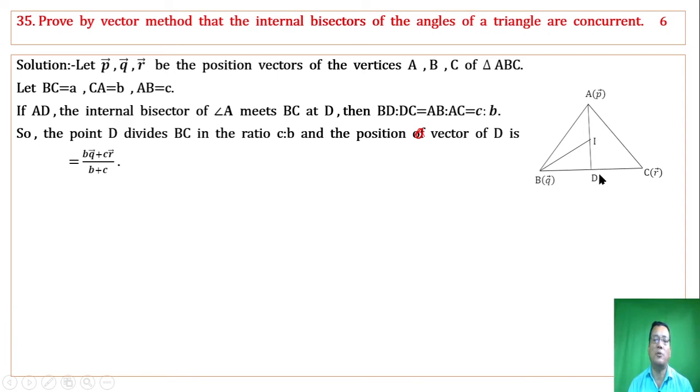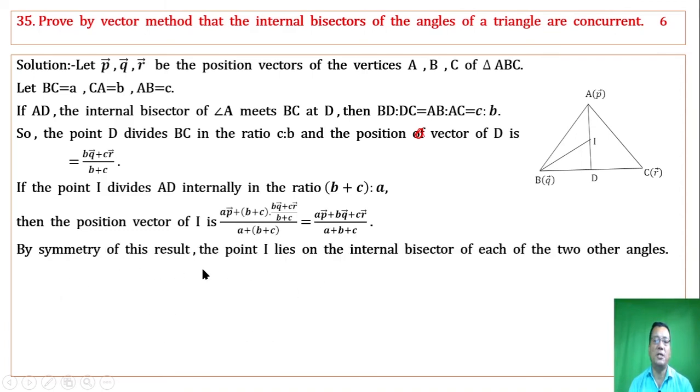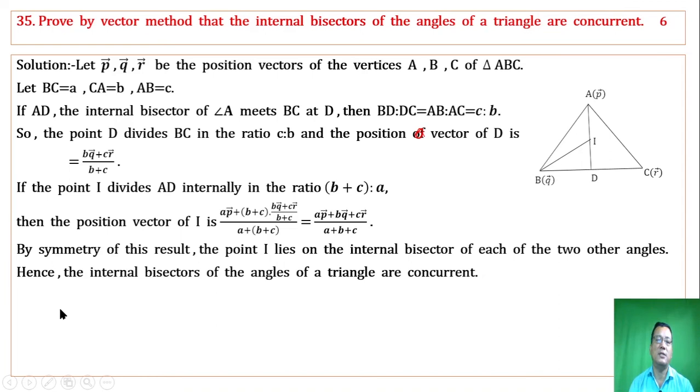We have found the position vector of D. If the point I divides AD internally in the ratio of b plus c is to a, then the position vector of I is, using the section formula for internal division, this. By symmetry of this result, the point I lies on the internal bisector of each of the two other angles. Hence, the internal bisectors of the angles of a triangle are concurrent.